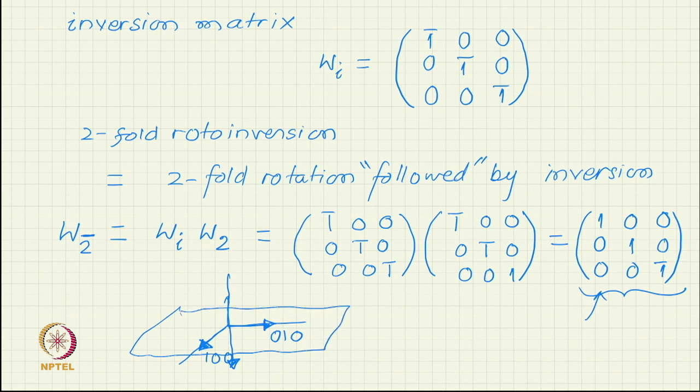So this is equivalent to a mirror in the 001 plane passing through the origin. So that is a matrix way of seeing that the two-fold roto-inversion is nothing but a mirror plane perpendicular to the rotation axis.